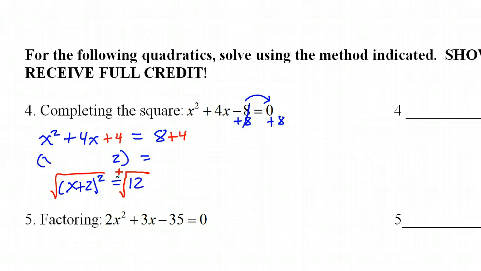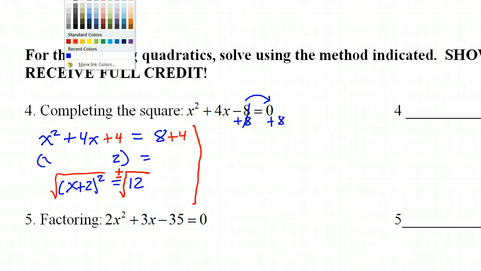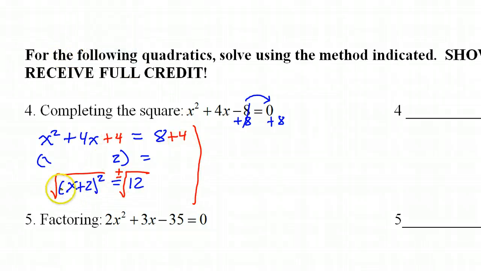Alright, now because I have something squared, I can unsquare it by doing the square root. Don't forget the solution will be plus or minus. Anytime you take the square root of both sides, you've got to put a plus or minus. Okay, so let's move this over. So the radical will unsquare this, so then I will have x plus 2 equals plus or minus.